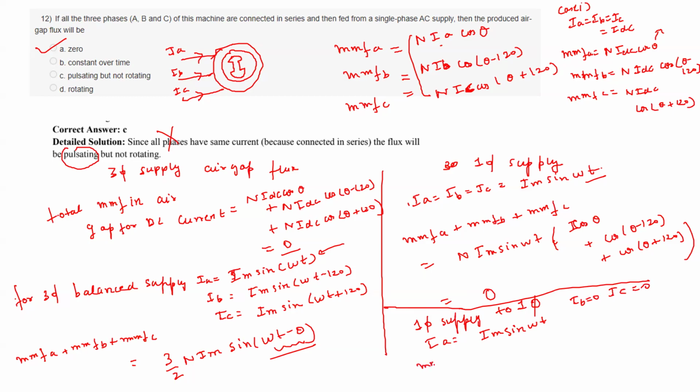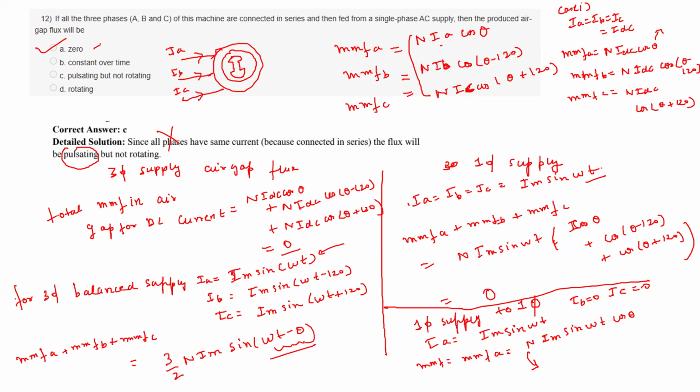Then total MMF will be only due to MMF A, and it will come out to be N Im sine omega t cos theta. You can apply your trigonometric identities and you will see that it comes out to be pulsating. So this question, I think it should be 0, but I'll cross-check by seeing the books and confirm it. But from this mathematics, I have obtained it as 0.